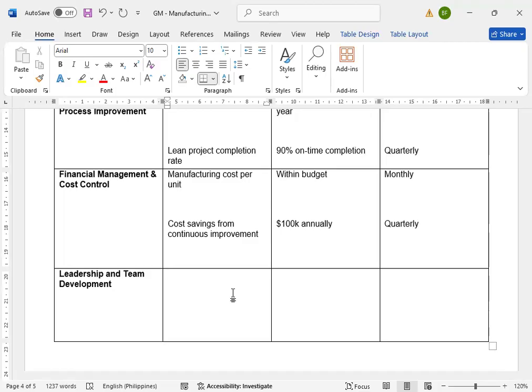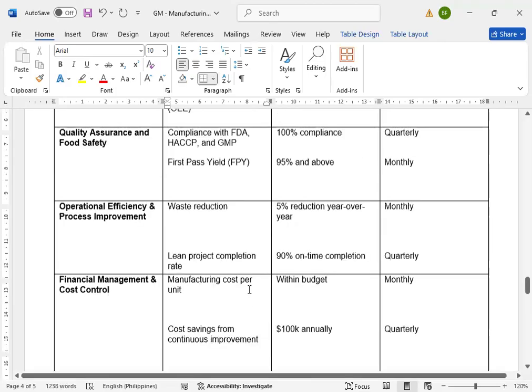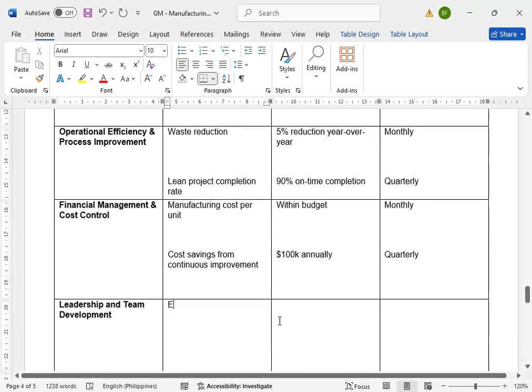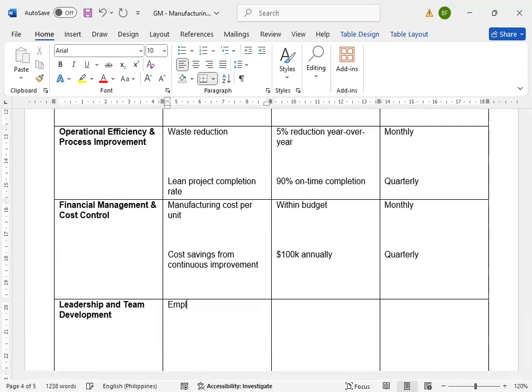So things like that. So what would be the KPI slash metric for this one? Employee retention. You'll not be able to retain your people, your employees, especially the key employees.